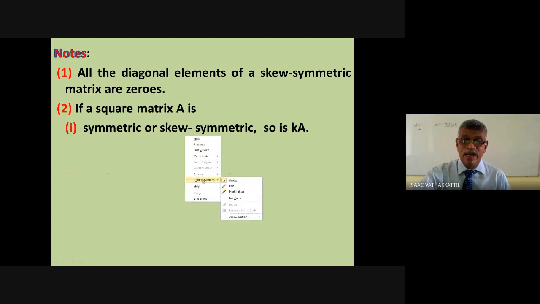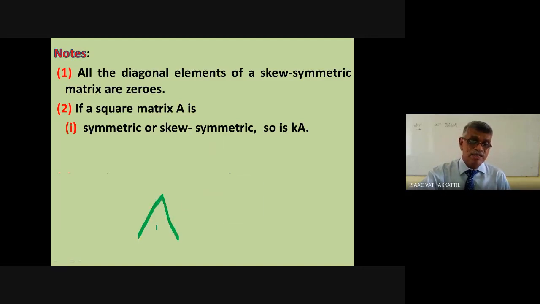Suppose I may ask simply, if A is a symmetric matrix, what happens to minus A? Minus A is also symmetric. Minus A will not become skew symmetric. But if A is skew symmetric, then minus A is also skew symmetric. Multiply with any non-zero, of course, k must be a non-zero number. If A is symmetric, even if k is 0, it will be symmetric again, don't worry.